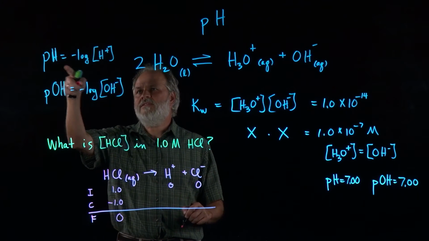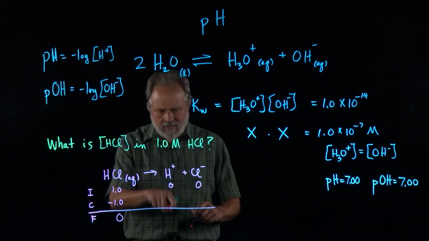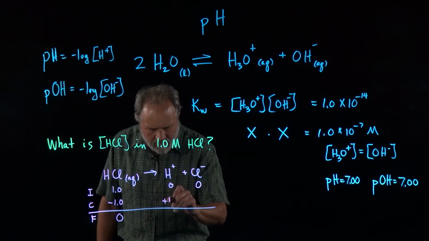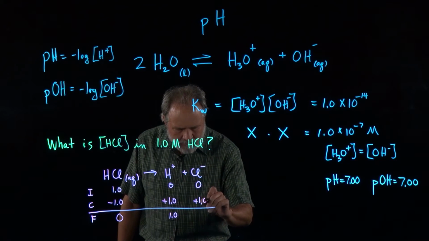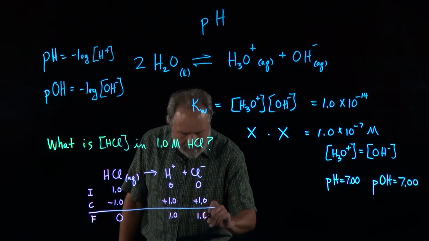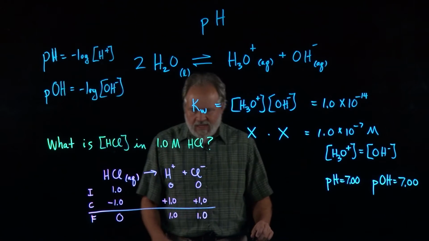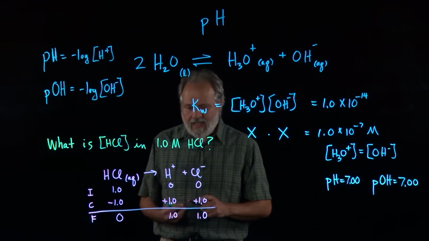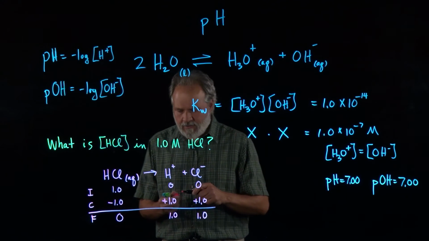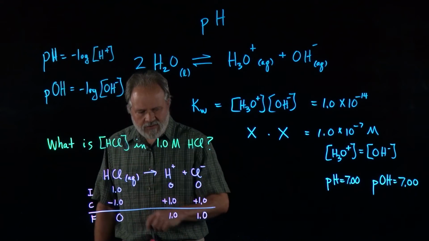Besides which, pH is minus log of H plus, not HCl. So we've got to figure out what that is. Okay, so notice that we didn't use minus x, plus x, plus x because we actually know the mystery number x. And it happens to be all of the hydrochloric acid that you dissolve.